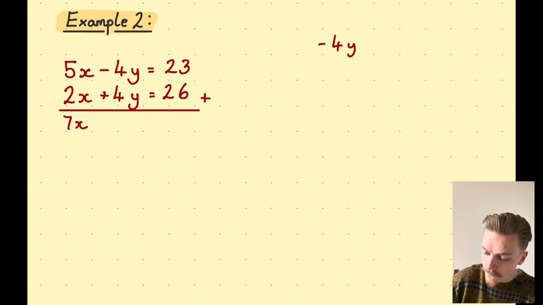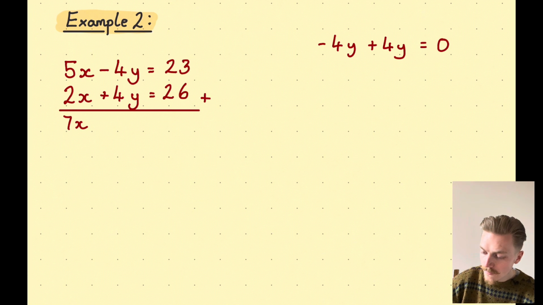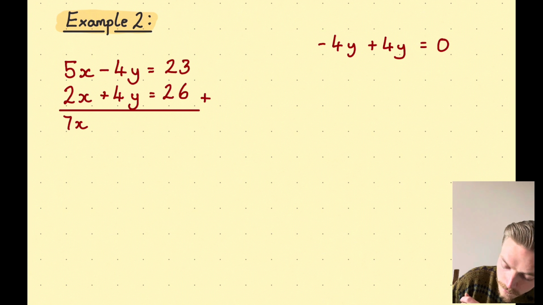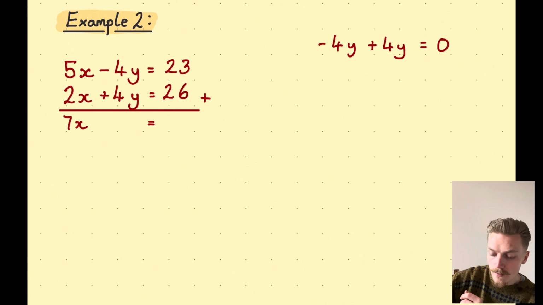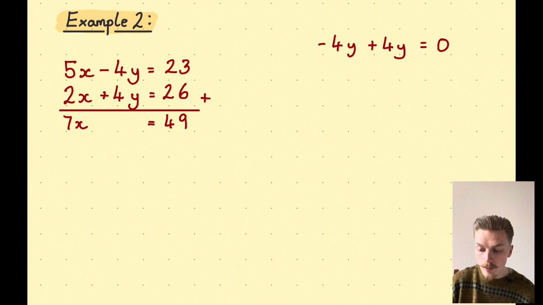So negative 4y plus 4y, so plus a positive 4y. That gets me 0, because I'm on negative 4, I'm adding 4 to it, I'm back to 0. So that will get me nothing there. And 23 add 26 will get me 49. Now look what I've got. I've got an equation, but only one variable.